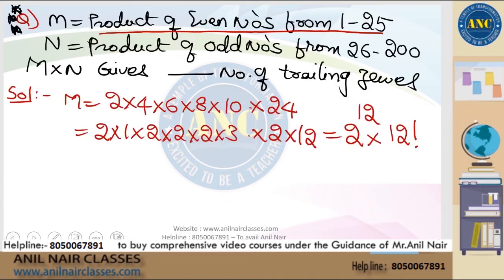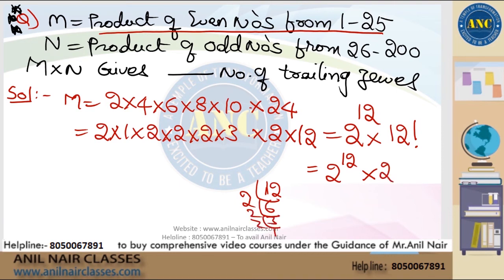So in total I got 2 power 12 into 12 factorial. If I take 2s out of 12 factorial, 2 6s are 12, 2 3s are 6, 2 1s are 2, giving 2 power 10. 5 it will be 5, 2 5s are 10, so 5 square.